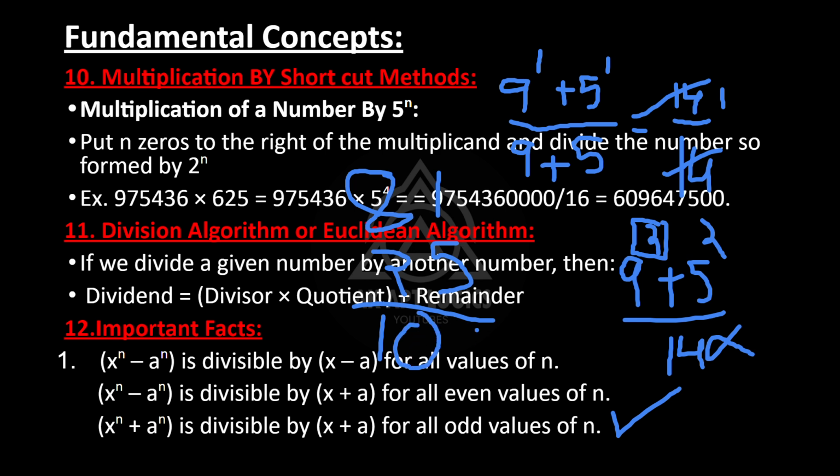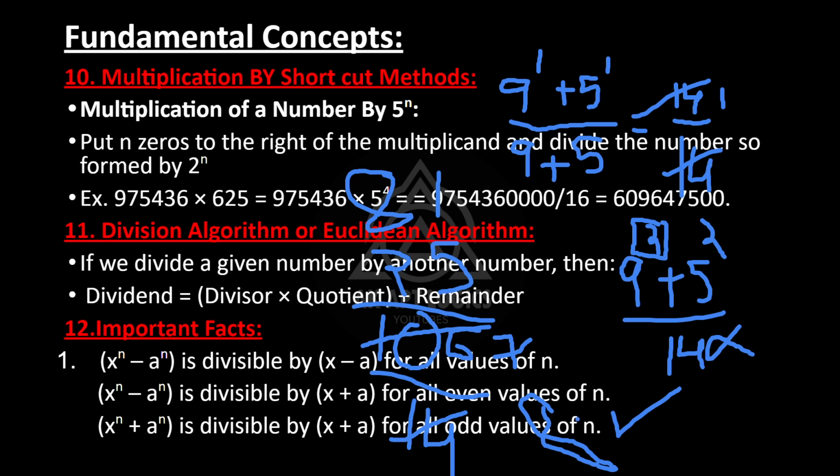So is 106 divisible by 14? 14 sevens are 98, so the remainder will be 8. Since the remainder is other than 0, it is not divisible.